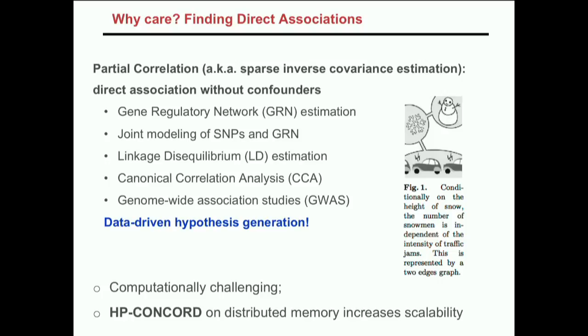If you regress out the effect of the snow, inherently there is no direct connection between traffic and snowmen. It's only indirectly connected through a third entity. It's called snow. So you try to regress out all the confounding variables when you're building a partial correlation.